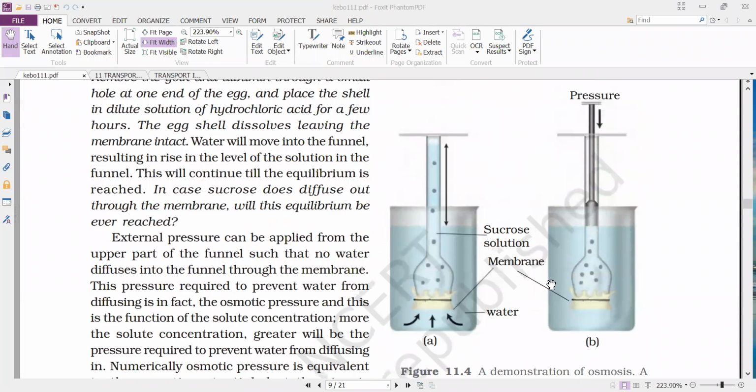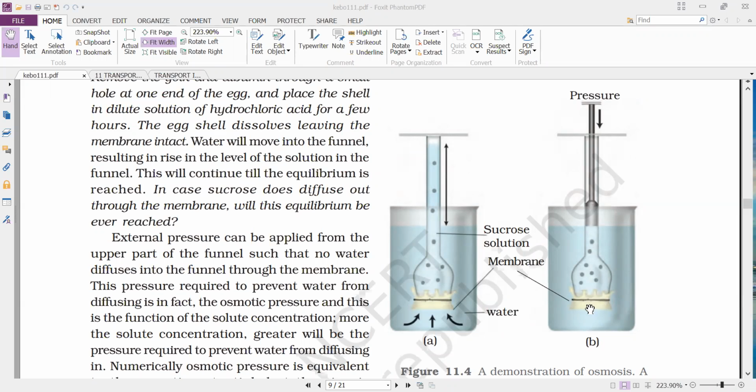Here, in the B diagram, we can observe that we have taken pure water in the beaker and concentrated sugar solution in the thistle funnel, whose wide opening is closed with the help of the egg membrane to facilitate osmosis.